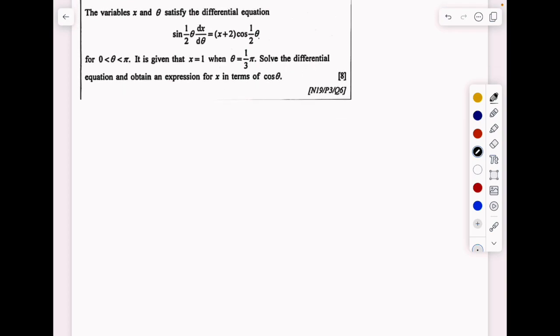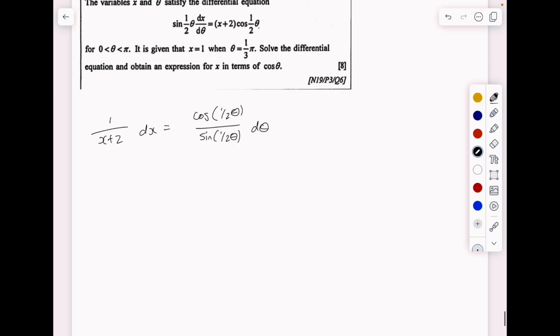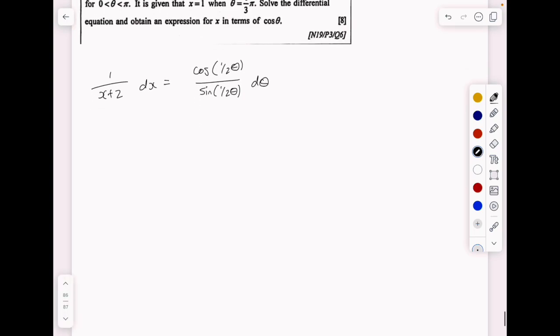Well, what I can say, guys, is 1 over x plus 2 dx is equal to cos of half theta over sine of half theta d theta. Cool. And so what do we do next? Well, we're going to integrate it.